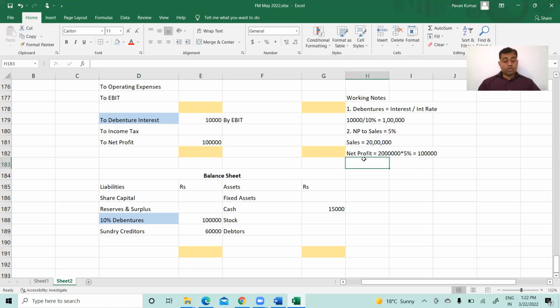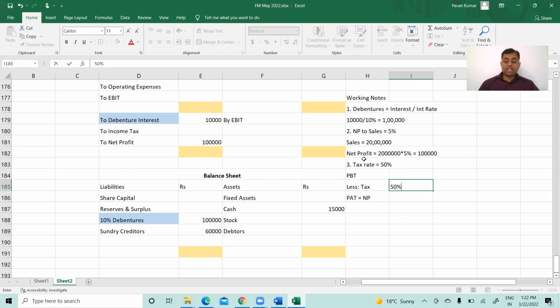Then next, working note 3. Income tax rate is equal to 50%. All of you observe carefully. This is PBT. This is less tax. This is PAT. PAT we call net profit also. Now guys, if tax is 50% of profit, what must this be? If tax is 50%, PAT also will be 50%.